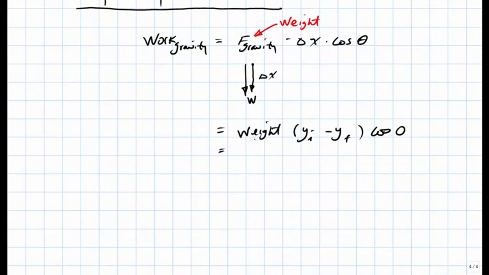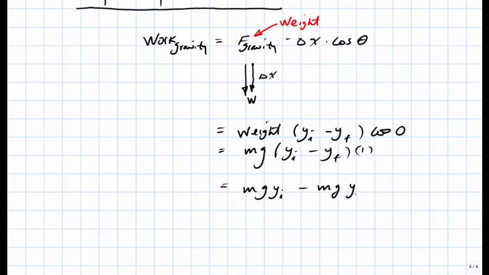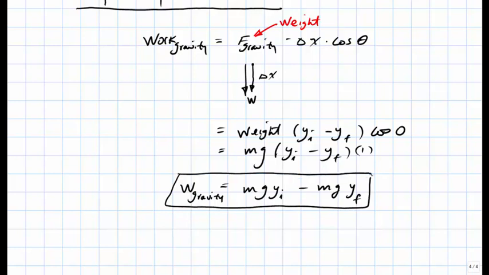So we can represent this as, now the weight equals mass times gravity times y initial minus y final times 1. This equation just becomes mgy initial minus mgy final, and that is the equation that represents the work done by gravity. We obtained this result by distributing mg into our parentheses.